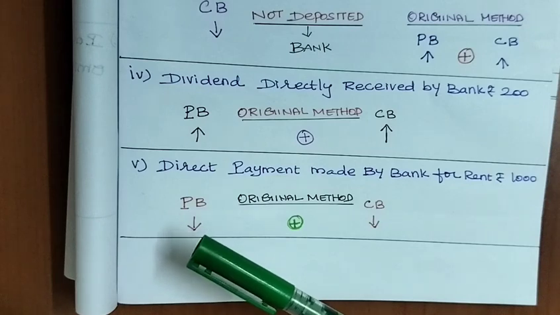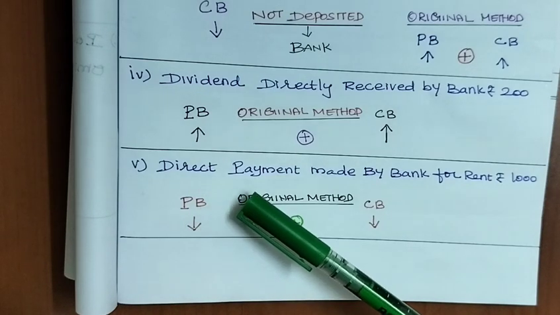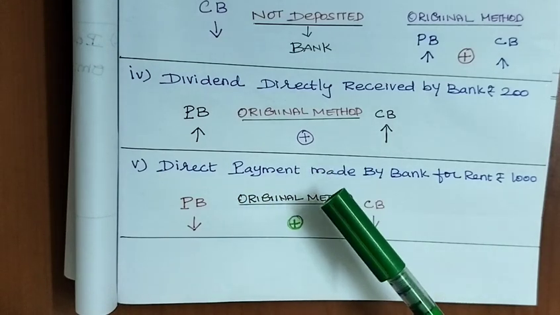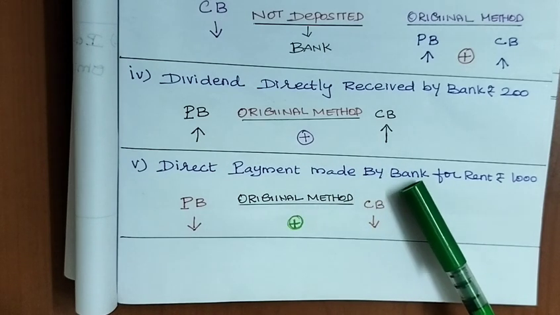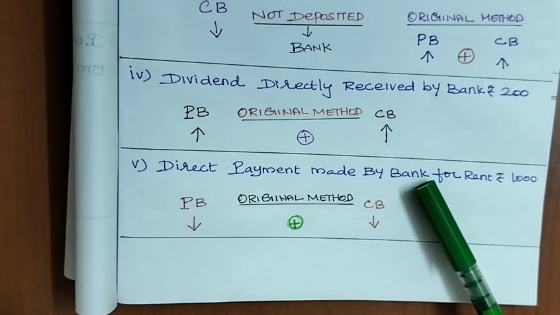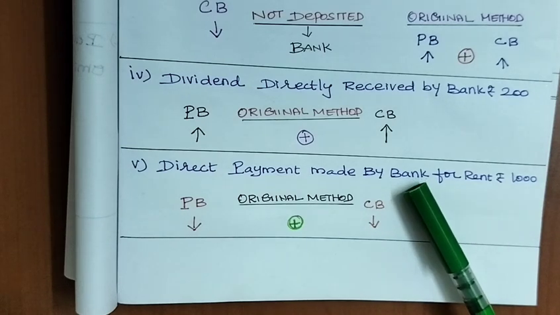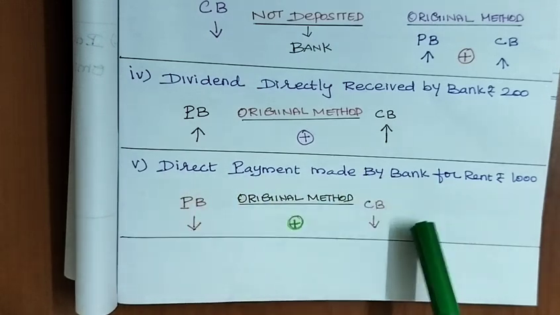Sometimes the bank receives a direct standing instruction, that is, it makes the payment for rent, installment, EMI, insurance premium, like that. So as per the standing instruction, the bank directly paid the rent.